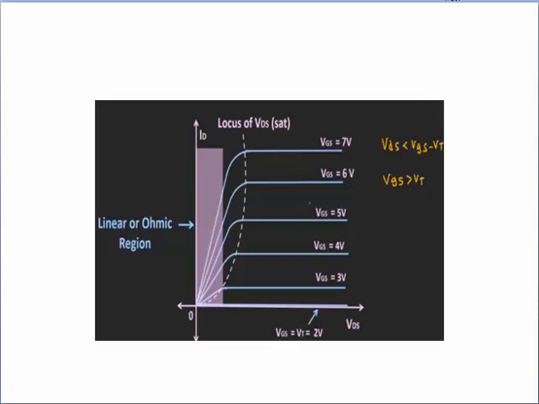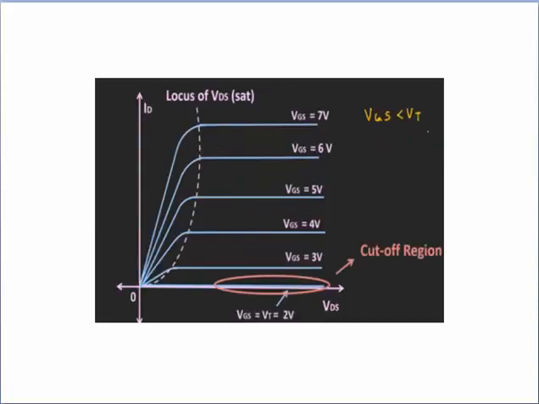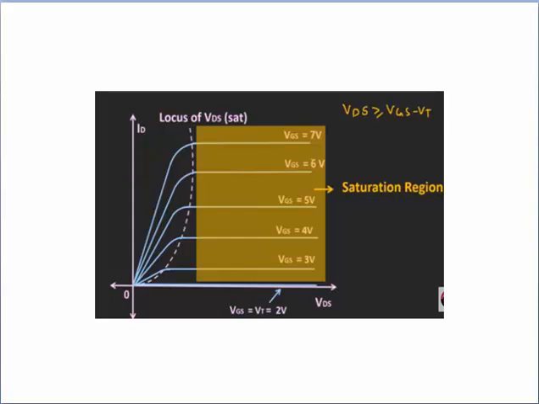If we talk about the next region, the saturated region, whenever the MOSFET is operated on the right hand side of the locus, that is the parabolic curve showing the locus of VDS, then it is operated in the saturated region. Mathematically, when VDS is greater than or equal to VGS minus VT, it is said to be in the saturated region. This is all about the enhancement type MOSFET and characteristics of MOSFET.